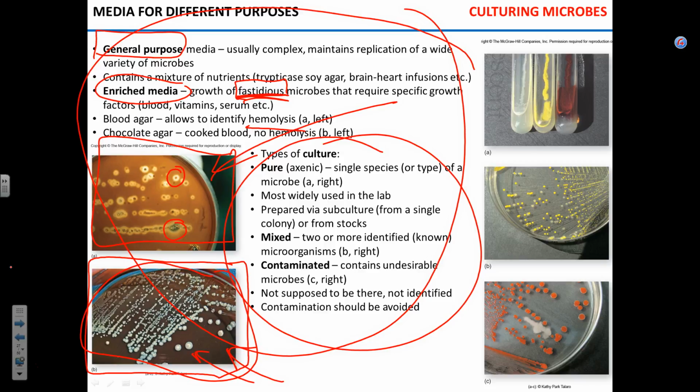So we can say, okay, this microbe that we have here is destroying red blood cells. We have to be cautious with it. It's probably a human pathogen or potential human pathogen. This microbe here does not destroy red blood cells, so it's probably benign.